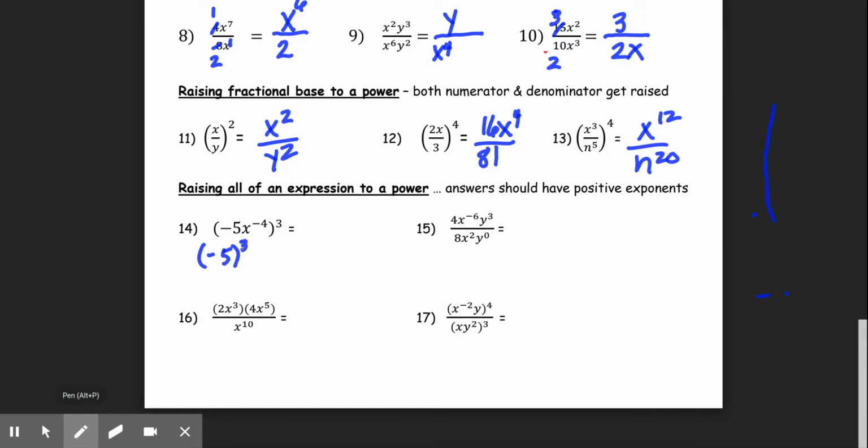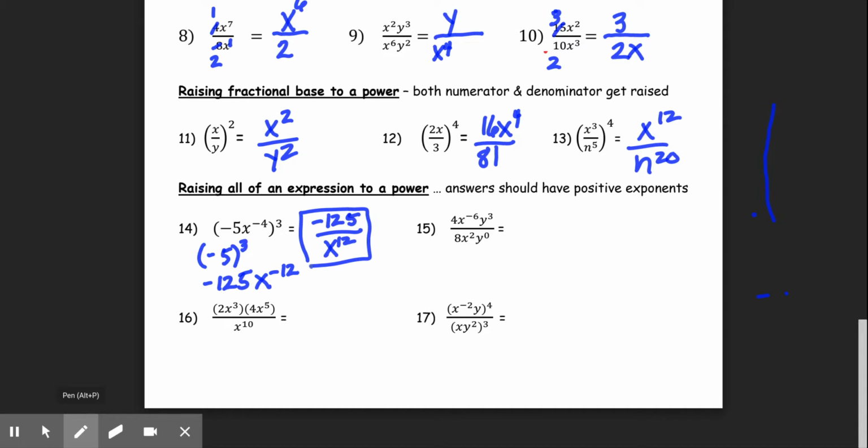So that'll be a -125 x to the, and we can multiply -4 times 3 is -12, but we need to write this using positive exponents. So our -125 is going to be in the numerator, and then we're going to move that x to the -12th down and change that -12 to a +12. So -125 over x to the 12th power.